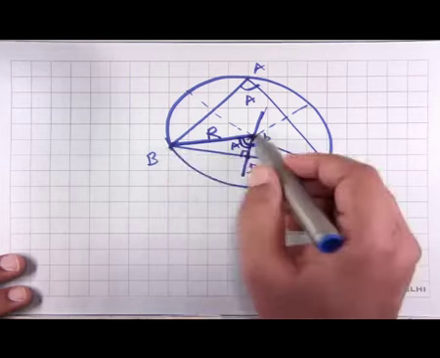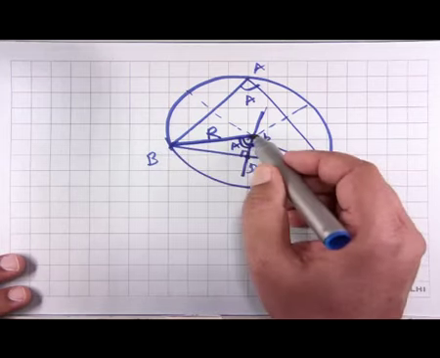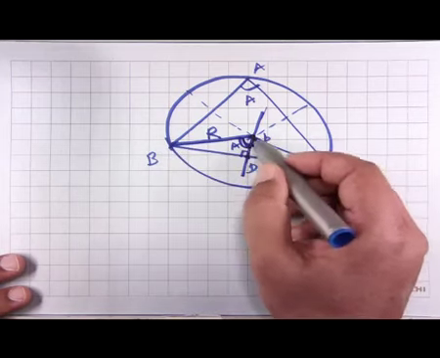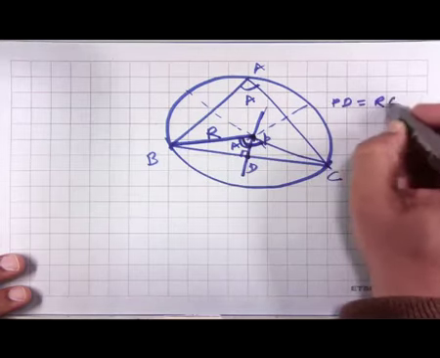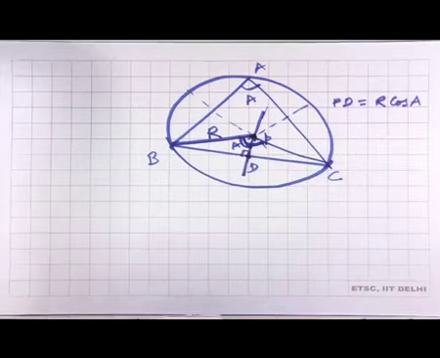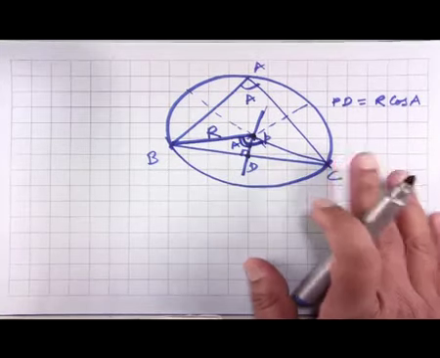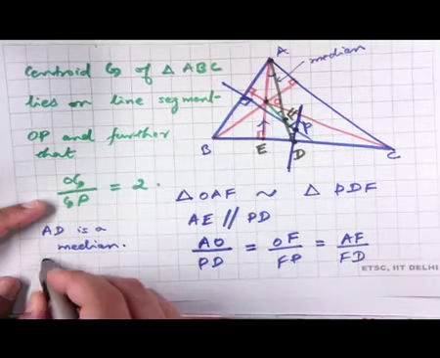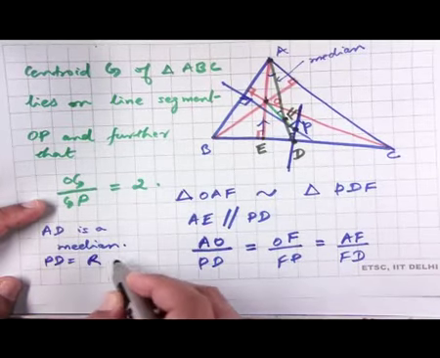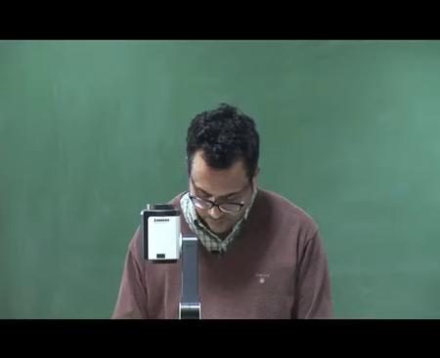In this right angle triangle, this is R, this is A, and therefore, it is clear that this length PD is simply equal to R cos A. So, from here we see that PD is equal to R cos A.